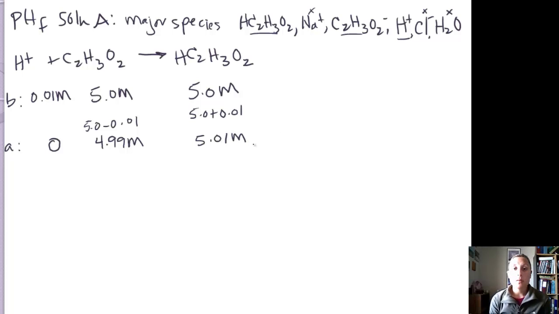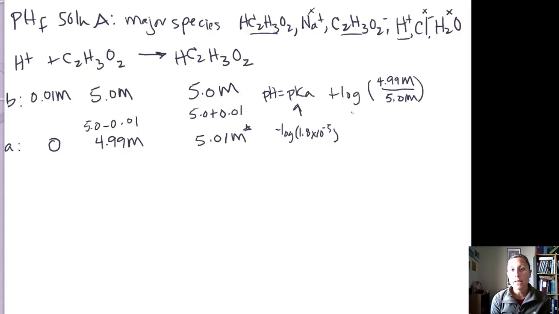Okay, so now we can again use the Henderson-Hasselbalch equation using our after-reaction concentrations. So pH is equal to pKa, which was negative log of our Ka value, which was again 1.8 times 10 to the negative fifth, and then plus the log of our base, which in this case is our 4.99 molar, divided by our acid, which is our 5.01 molar.